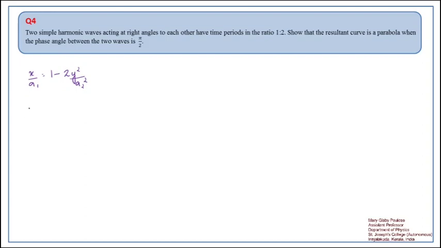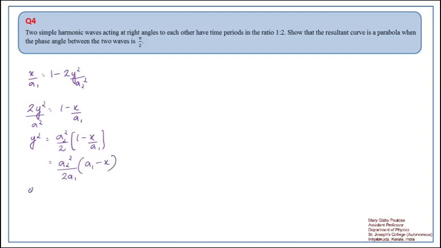So let us do that. Let us rewrite it as y square is equal to. Here I can write 2y square by a2 square is equal to 1 minus x by a1. That gives y square is equal to a2 square by 2 into 1 minus x by a1, or a2 square by 2a1 into a1 minus x.